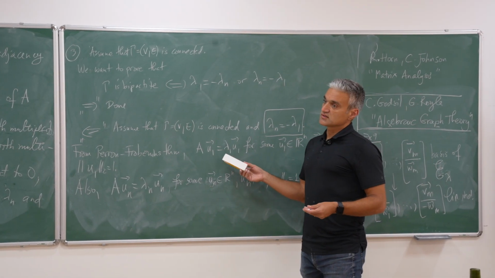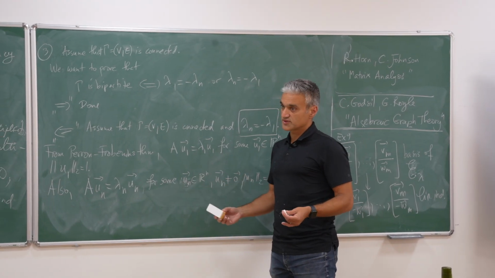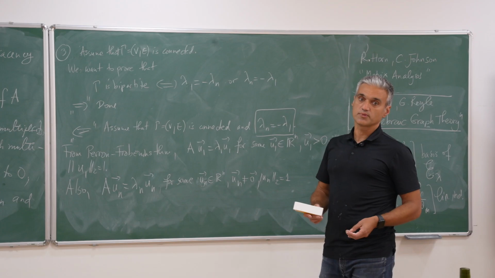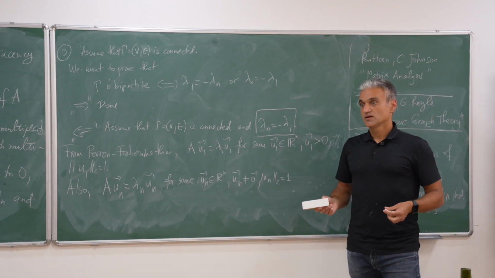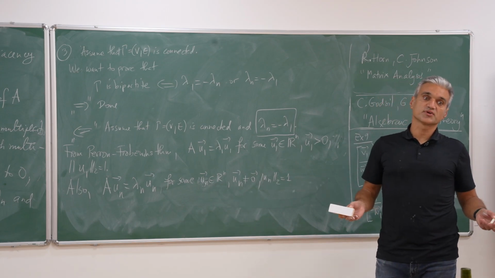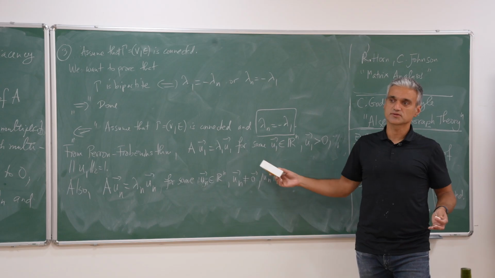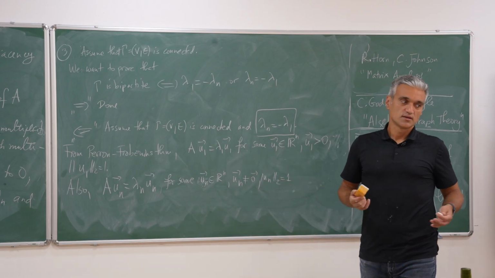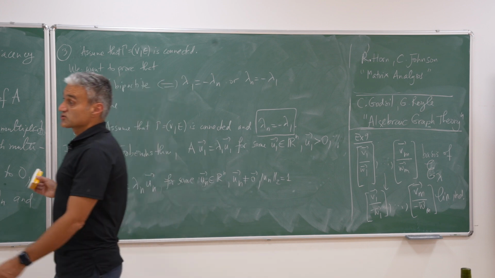Now the graph is connected, lambda 1 is bigger than lambda n, they're different. So what do you know for sure about u1 and un? If you have eigenvectors corresponding to different eigenvalues, u1 and un are orthogonal. But u1 is all positive.